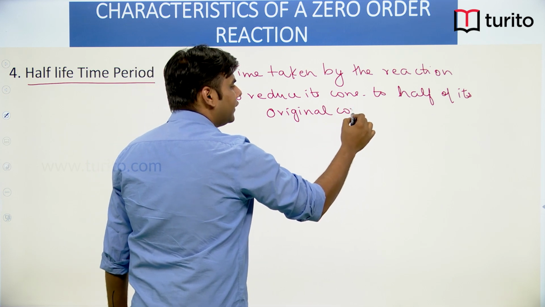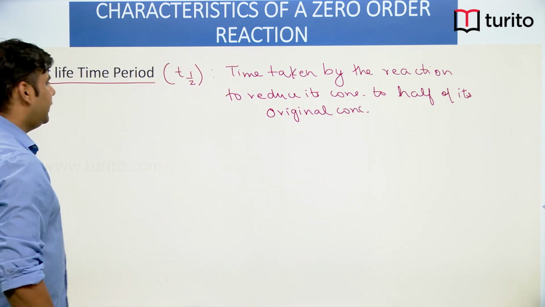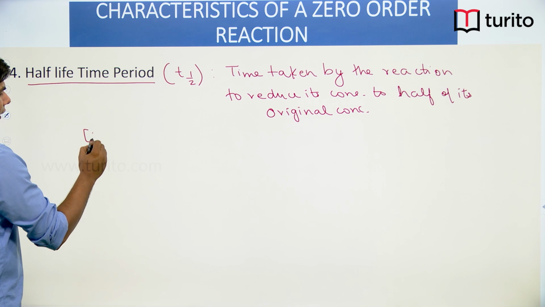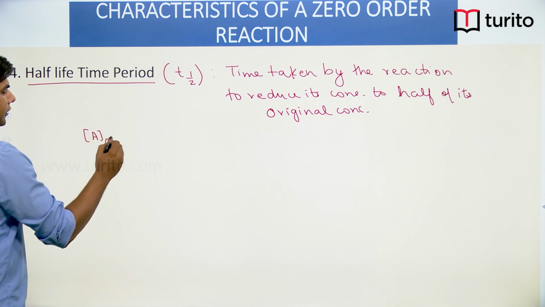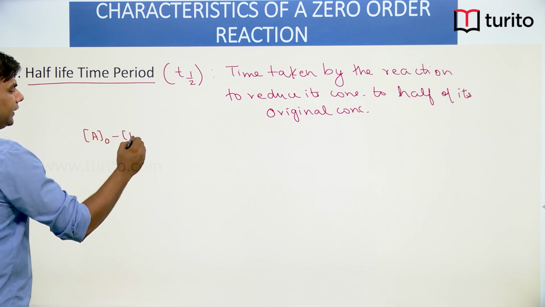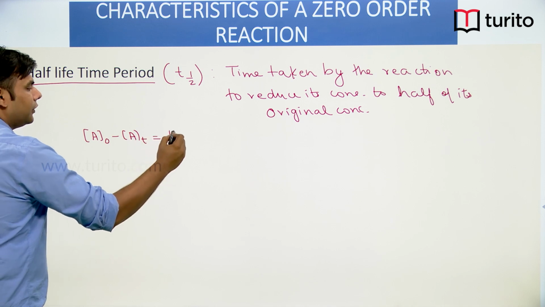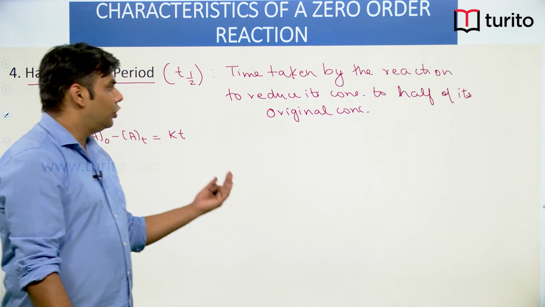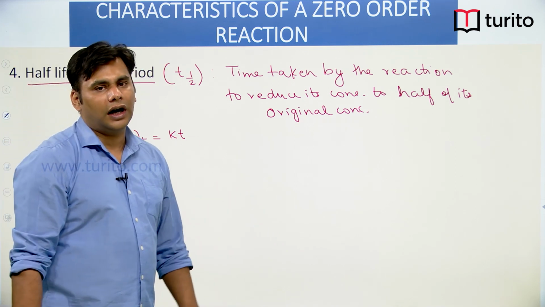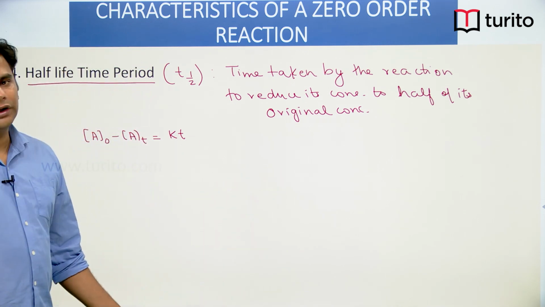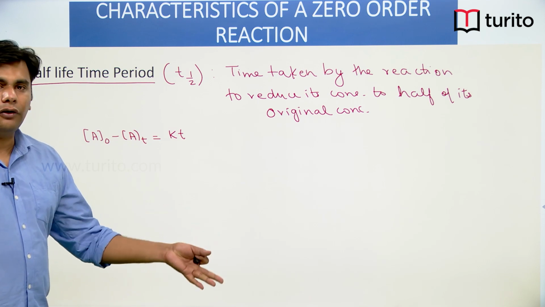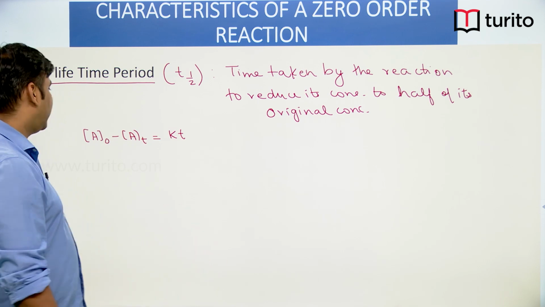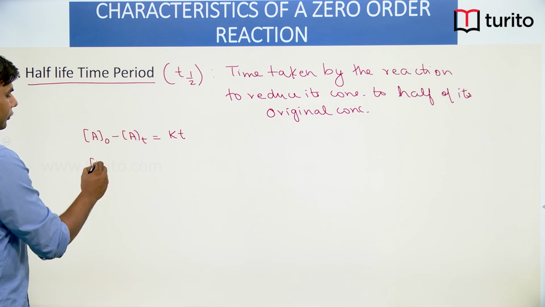So basically suppose we are having any zero order reaction. We know that the rate equation is A naught minus A t equals k t. When we say that half-life time period is the time taken by the reaction to reduce its concentration to half of its original concentration, or that half of the reactant has reacted, the initial concentration was A naught.